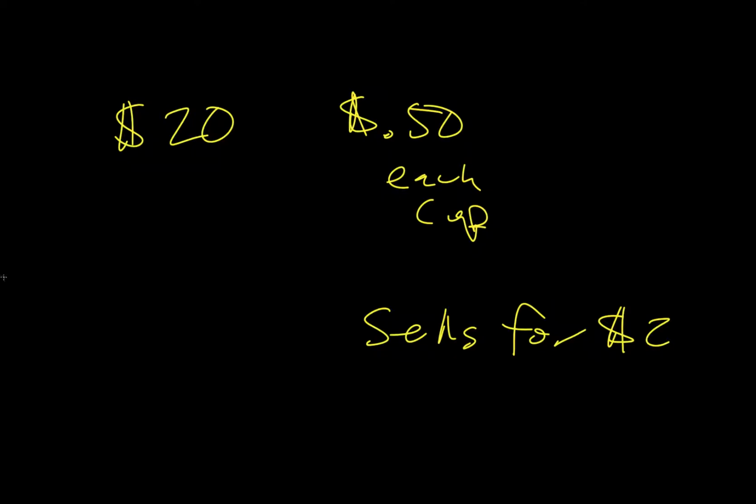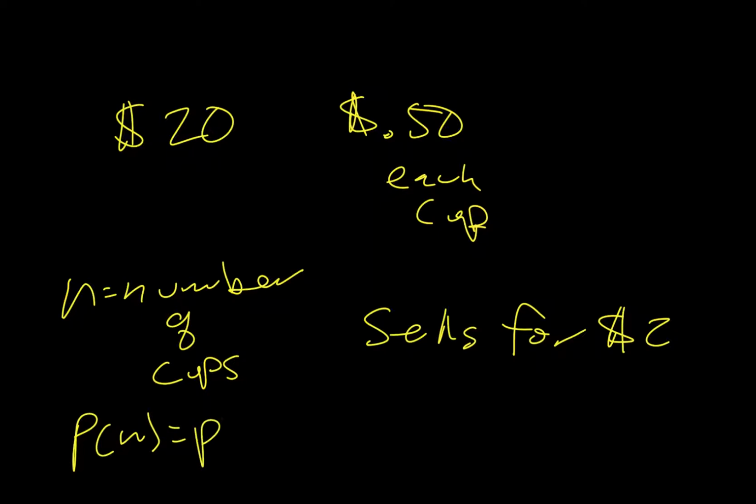If n is the number of cups, and let's see, what is her profit? So P of n equals profit. All right.